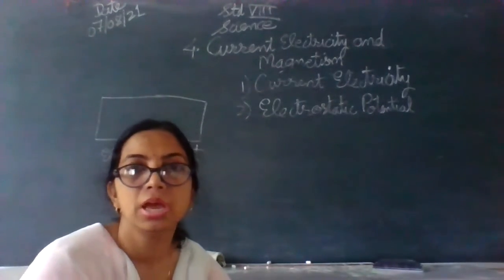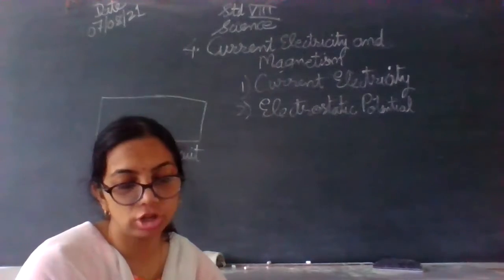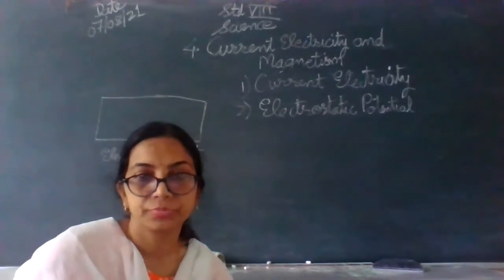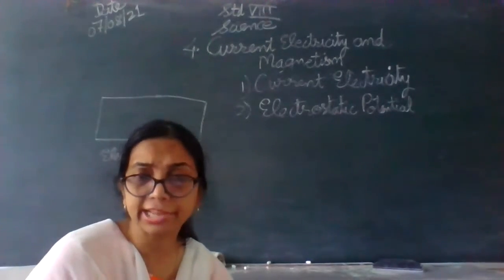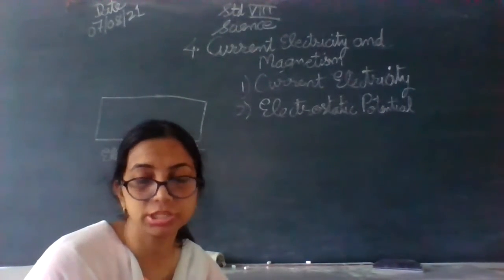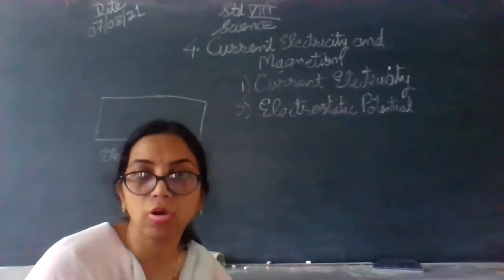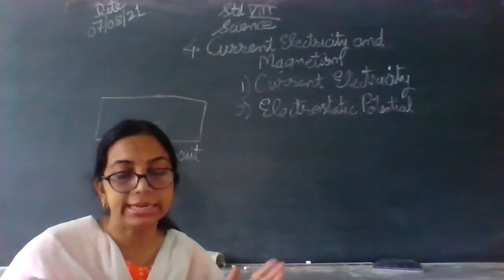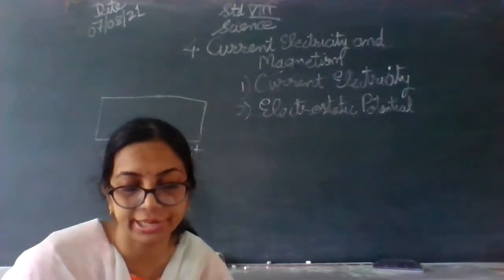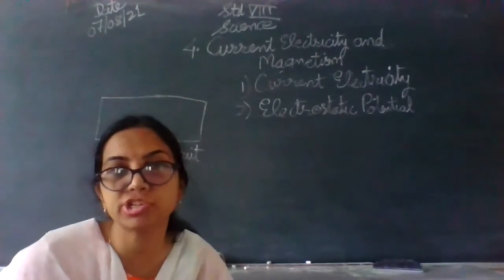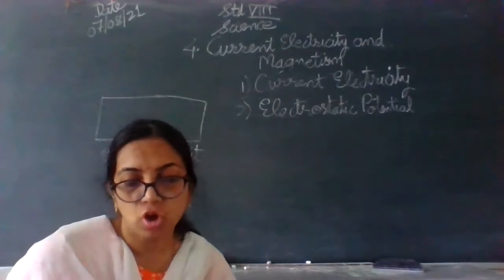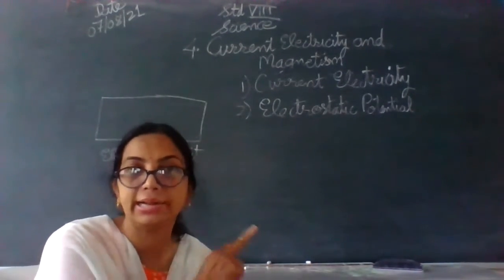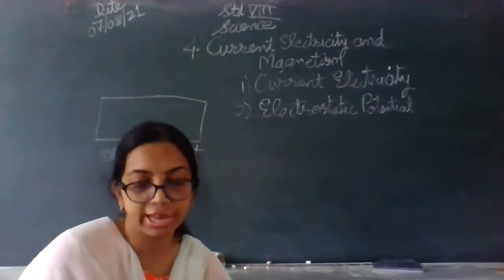Similar thing is happening in case of electricity also. Now this electric level deciding the direction of flow of electric charges is called electrostatic potential. So what is electrostatic potential? The electric level deciding in which direction the electric charges should flow is called electrostatic potential. That is your second topic.